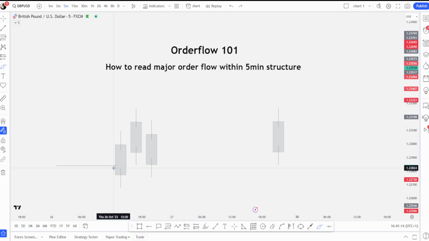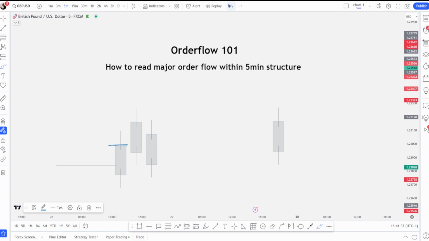Now, how do we know this is broken? Well, for the way that we look at price, the criteria for a break of structure, whether it's up or down, regardless of the actual order flow at the time, is that we need to see one 5-minute candle close fully above this, okay? So it doesn't mean just a close above and an open below.